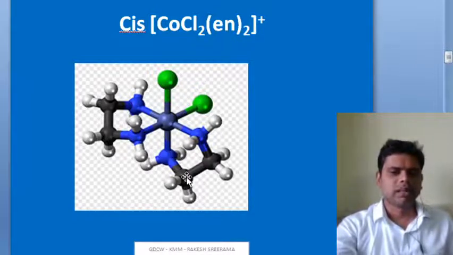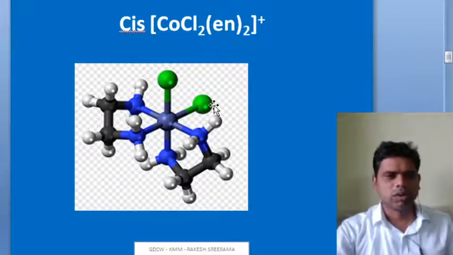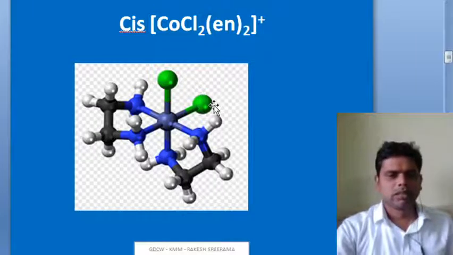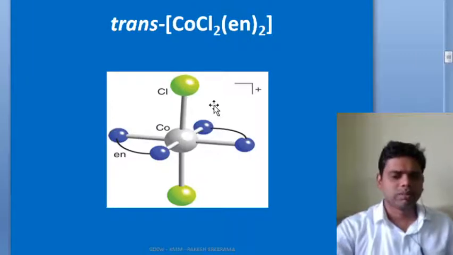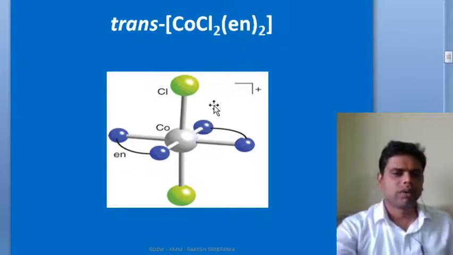This is N carbon carbon N, with two hydrogens, NH2 CH2 CH2 NH2. Here also NH2 CH2 CH2 NH2. And these green balls that you are looking at are what? Chlorides. Okay, so this is a cis isomer. A trans isomer would look something like this, where chlorides are distant apart. Have a look, the two chlorides are at what degree of separation?